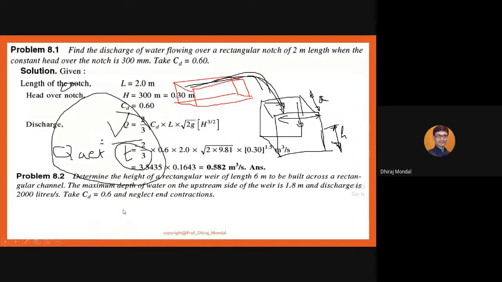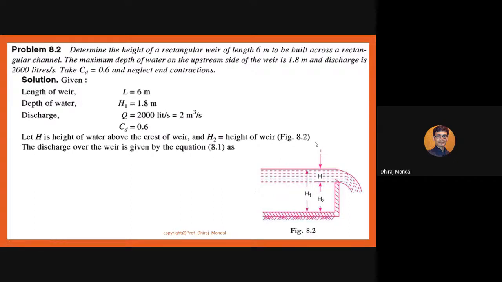Ultimately you can find out the CD. For a rectangular notch, if the CD value is 0.6 to 0.7, then it is a very good value. If it is from 0.55 to 0.75, then it is also acceptable. So this is how you can perform this particular experiment in the lab.